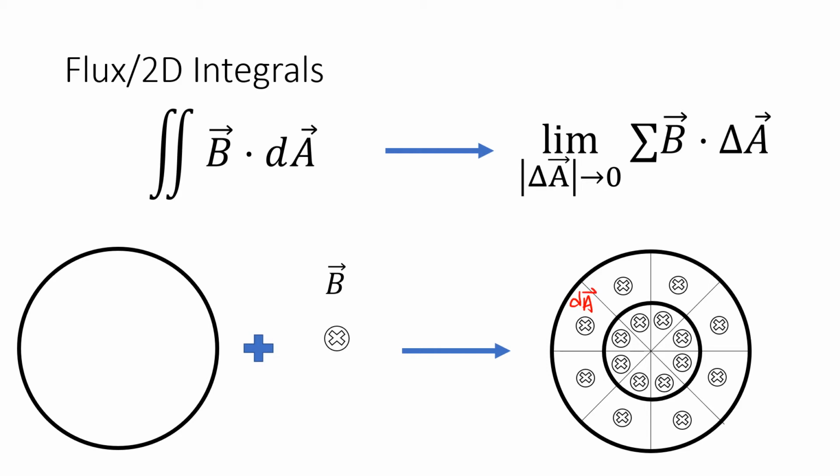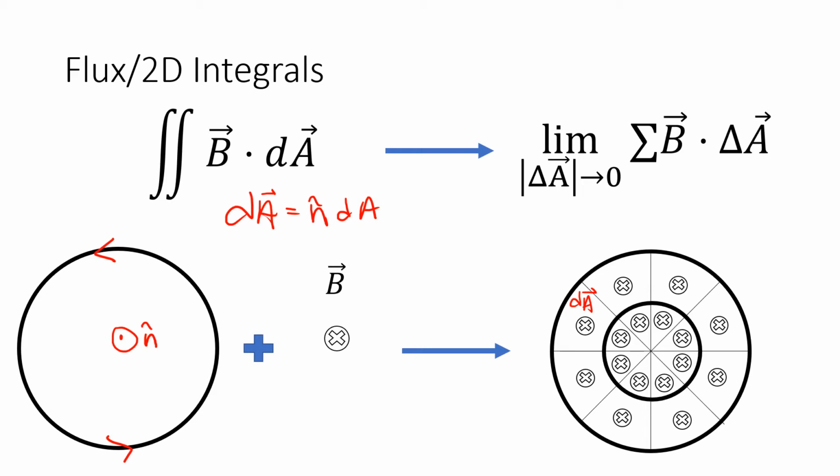And the n hat direction, so dA is defined as n hat times the regular differential dA, is defined by the direction that you've chosen your contour integral. And so if you've chosen the contour integral to go that way, then positive by the right-hand rule will be this way, and this is where n hat points.